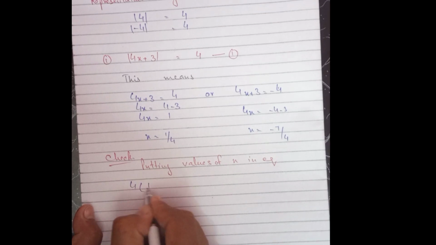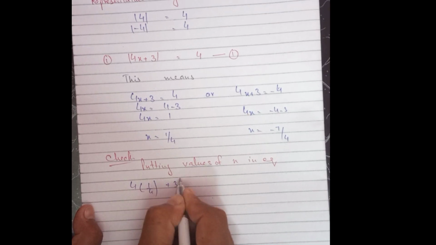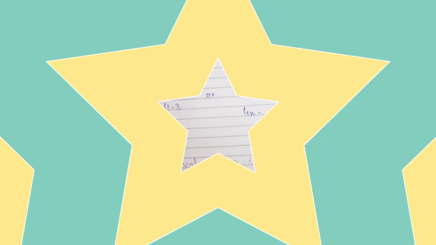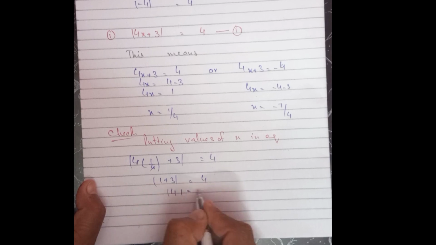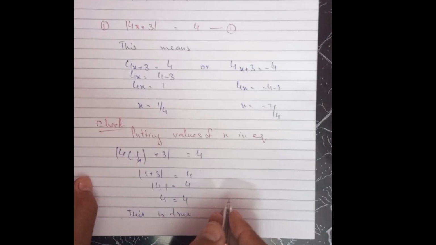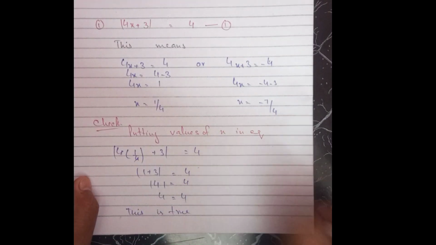So modulus of 4 into 1 over 4 plus 3 must be equal to 4. The 4s cancel and we have mod of 4, which is always positive, and this is true.